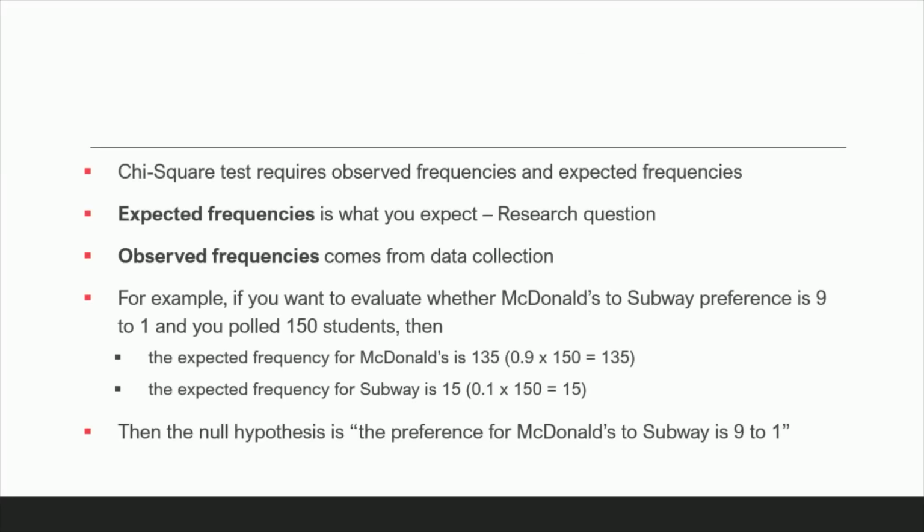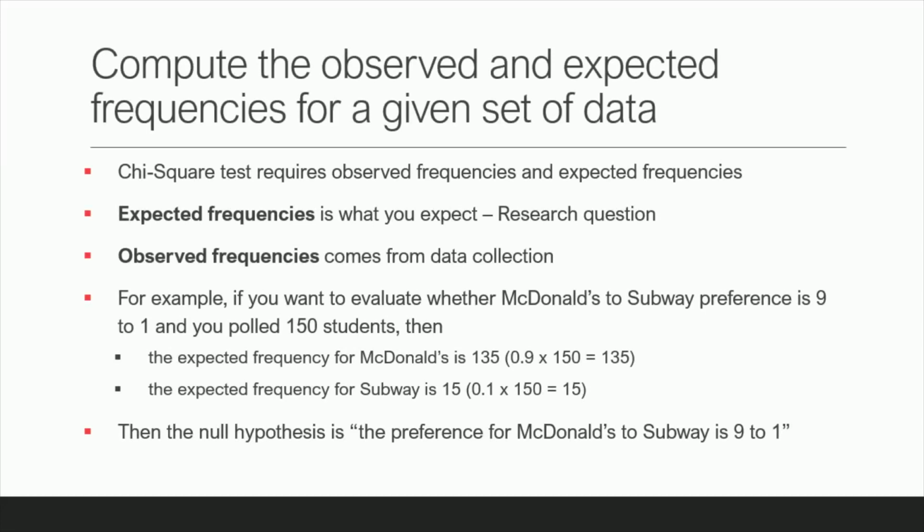Before we perform chi-square test, we need to understand the difference between expected and observed frequencies and how they are used to construct the null hypothesis. Expected frequencies are what you expect, which means that expected frequencies come from your research question. Observed frequencies come from data collection.